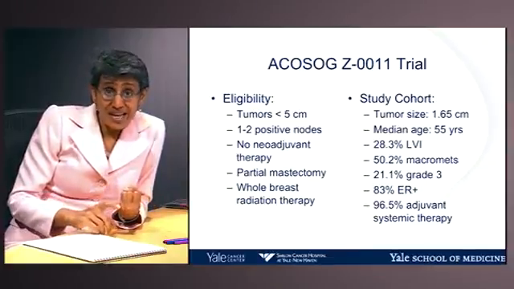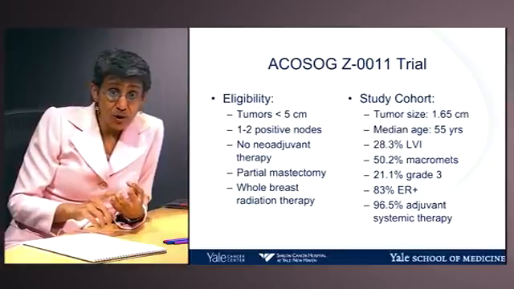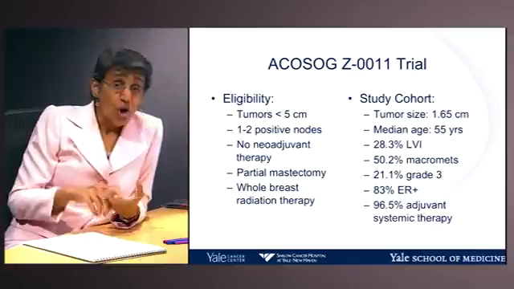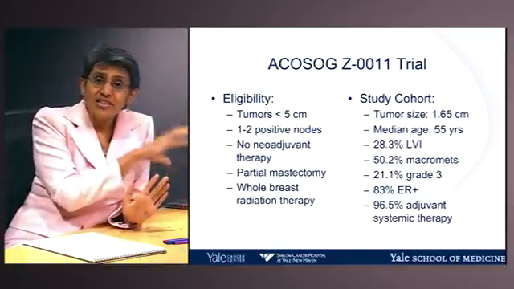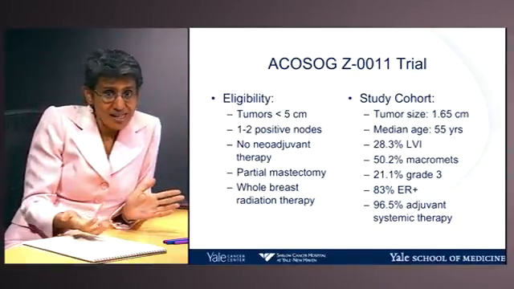If you have a big cancer, or you're having a mastectomy, or you're not having whole breast radiation, or you've had chemotherapy before your surgery, or you have 3 or more positive lymph nodes, then these trial data don't apply to you, and you'd still need an axillary lymph node dissection.